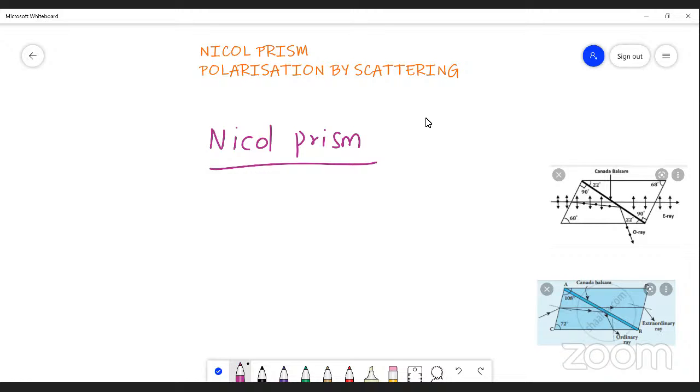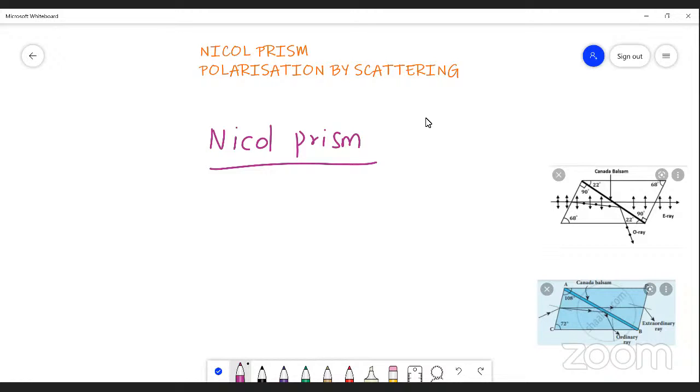What do you mean by double refraction? Say anyone. Sir, when a ray of unpolarized light is incident on a calcite crystal, 2 refracted rays are produced.